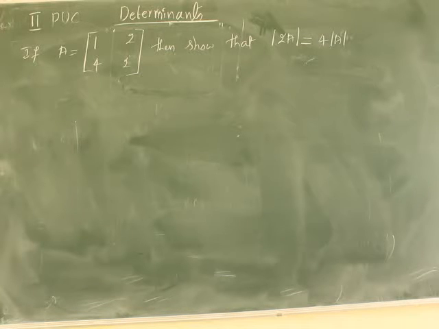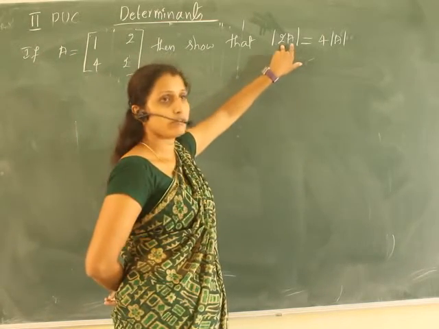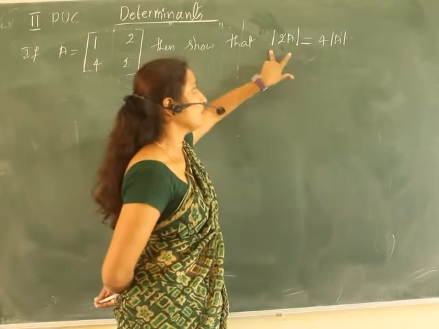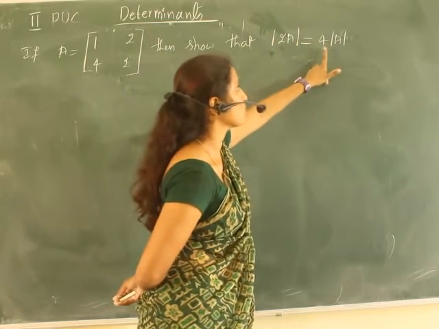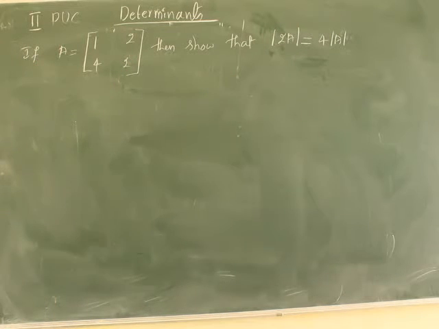So how to simplify? First A is given, we have to find out determinant of 2 into A. So first find out 2A, then the determinant, after the determinant of A also, then we have to calculate 4 times of that determinant. So what we get the answer we have to see now.